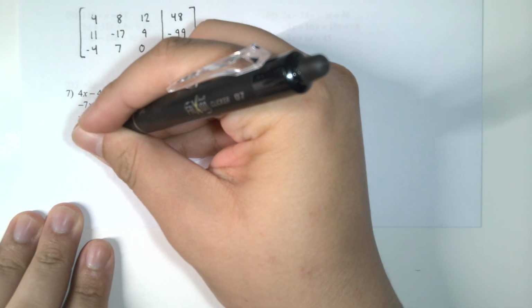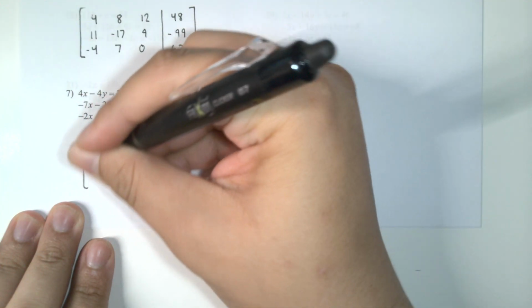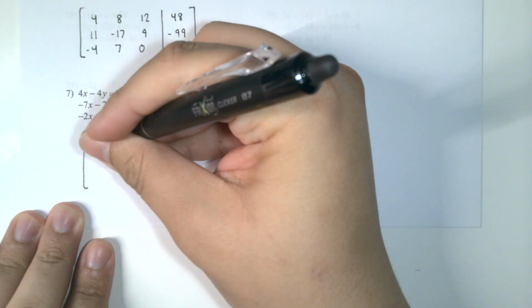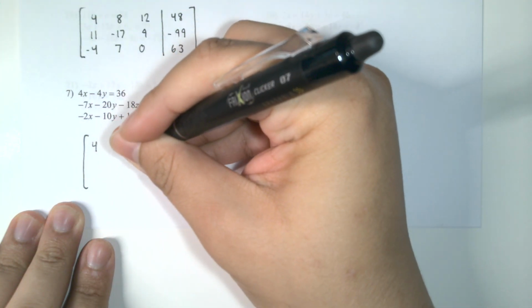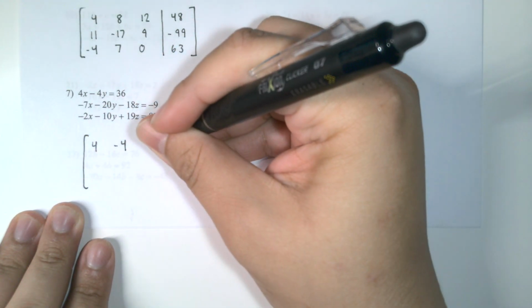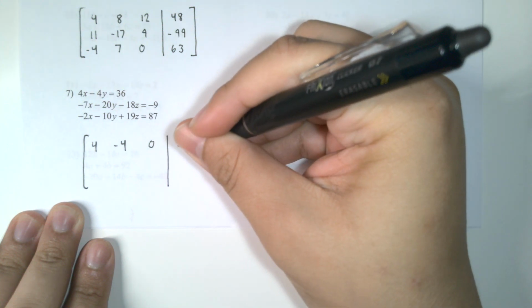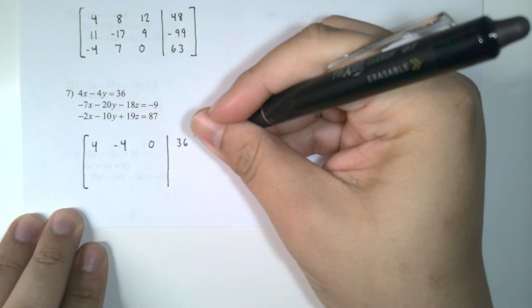And for number 7, we have 4x, negative 4y, no z's, so we have a placeholder 0, is equal to 36.